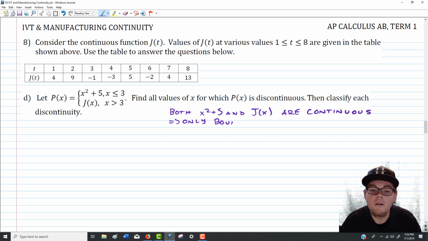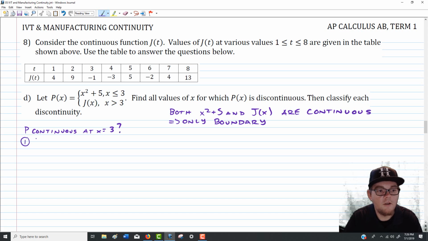So basically that means only the boundary could interfere. So the only discontinuity possible here is at the boundary. So what we need to consider is what's going on as x approaches 3. So we're going to check for continuity at the boundary. So is p continuous at x equals 3? Let's try that. At x equals 3. Let's find out.